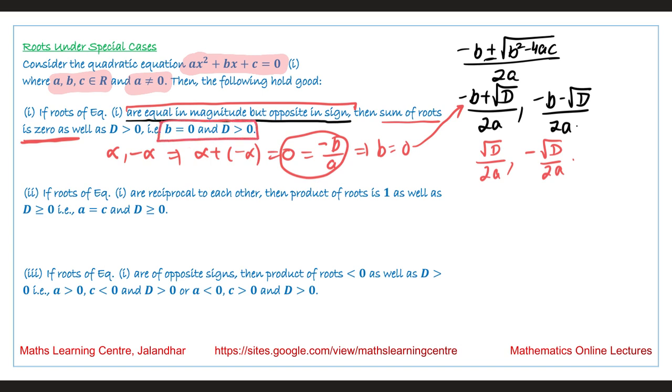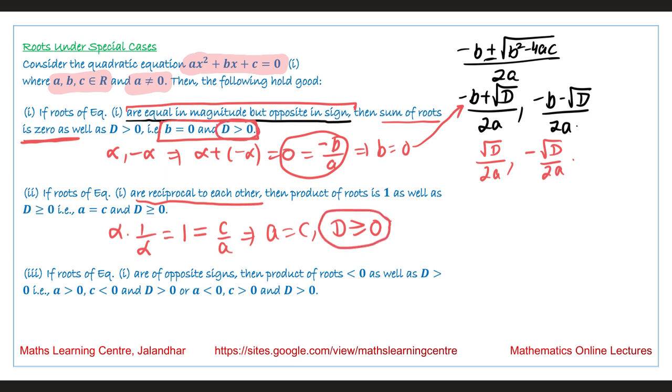Second, if they are reciprocal of each other, one root is alpha and the other root is 1 by alpha. The product is 1, that is equal to c by a. So this implies a is equal to c and d is greater than or equal to 0. In the previous case we said d is greater than 0, because there we require them to be of opposite sign.